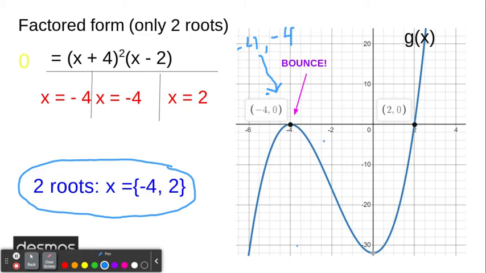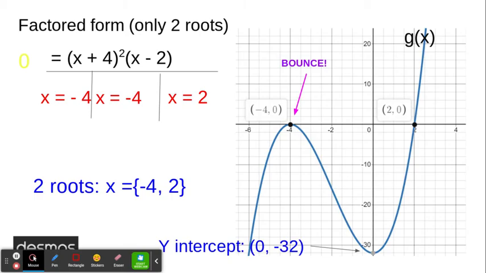And of course, this 2 is just a single root where the function passes through the x-axis and on out into positive infinity. So the bounce will create two equal roots, which will give you a cubic function with a total of two roots.